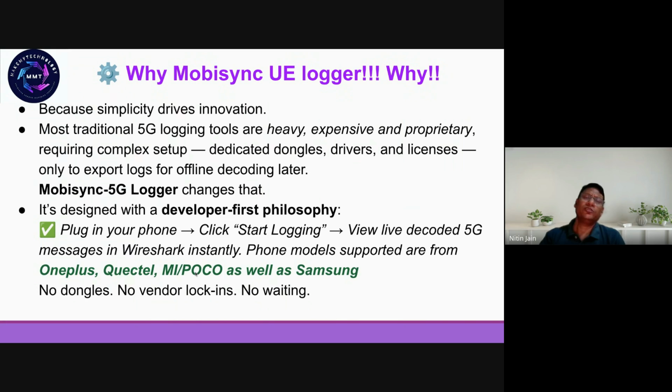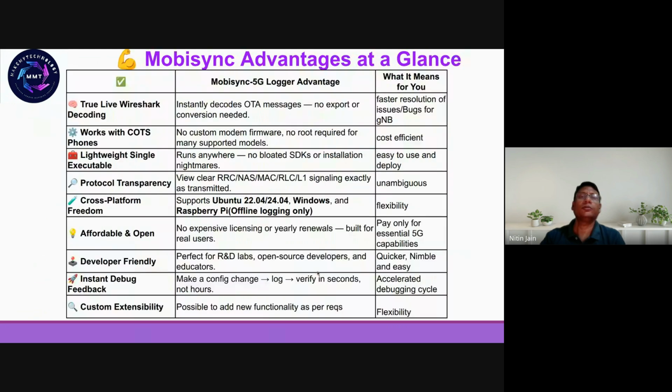We are supporting multiple phone models, which are from OnePlus, the Quectel 5G module, Xiaomi, Oppo, as well as Samsung. I will not go into all the points, but the main thing is that here you will see live Wireshark decoding, whatever is happening in real time.